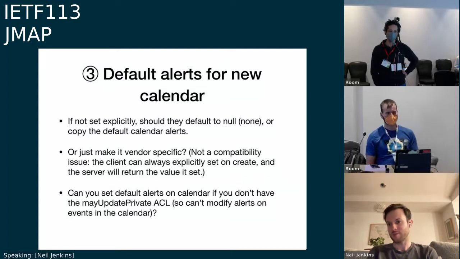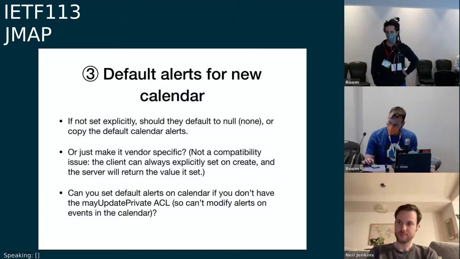Okay, so what does that mean then? It wouldn't be set to true for you. By the default value of the JSCalendar object, it would default to false. So in that case, you wouldn't need to be able to set them for this calendar.